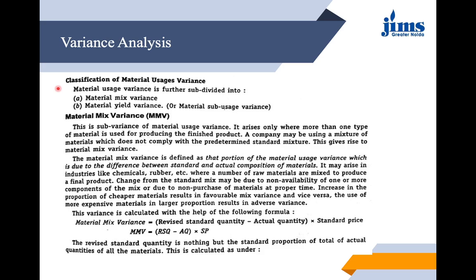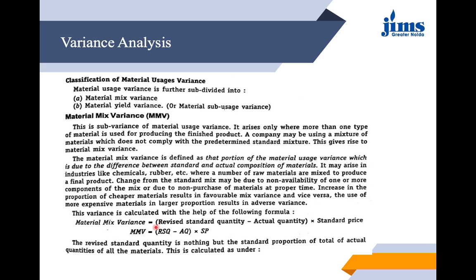So a change from the standard mix may be due to the non-availability of one or more components of the mix, or due to non-purchase of materials at a proper time. These are certain obvious reasons. An increase in the proportion of cheaper materials results in a favorable mix, and vice versa. The use of more expensive material in larger proportion will result in adverse variances.